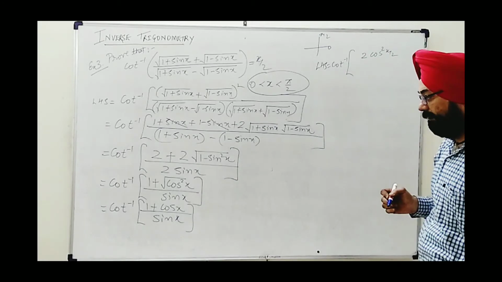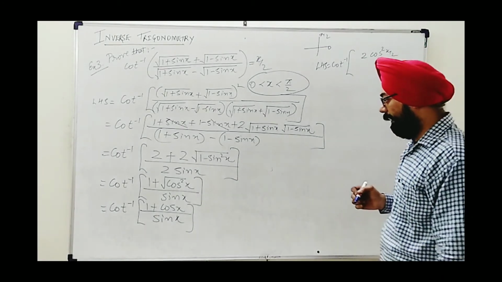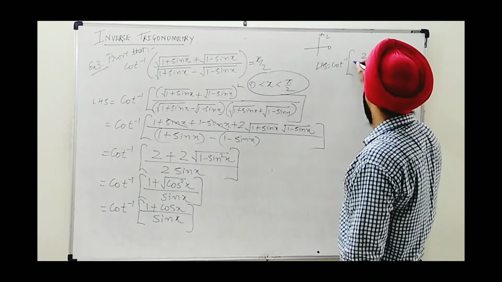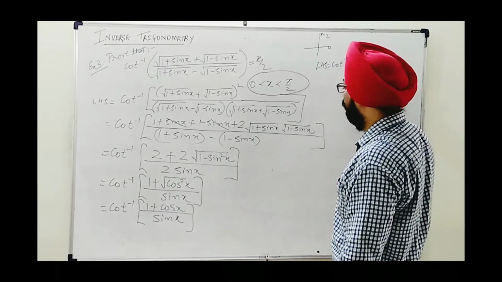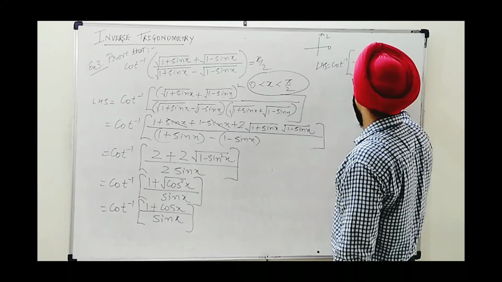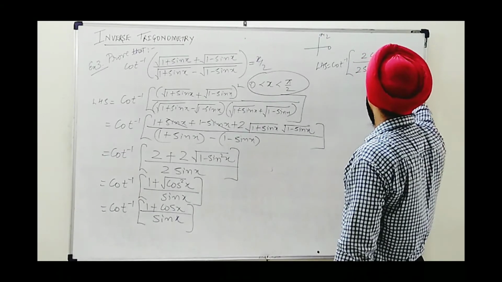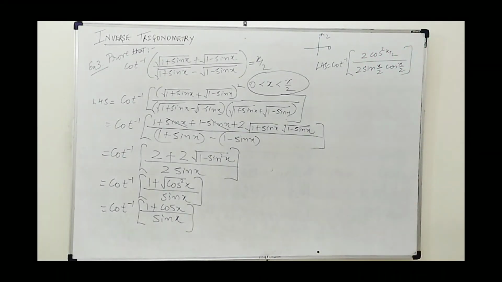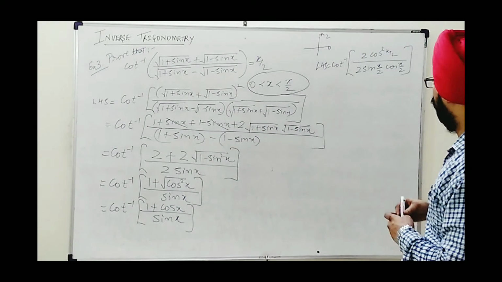We have seen these identities. And sin x, by the identity of sin 2 theta, can be written as 2 sin x by 2 cos x by 2. This is the case when we get 1 plus cos x upon sin x.